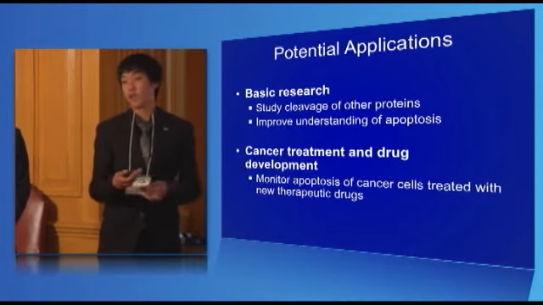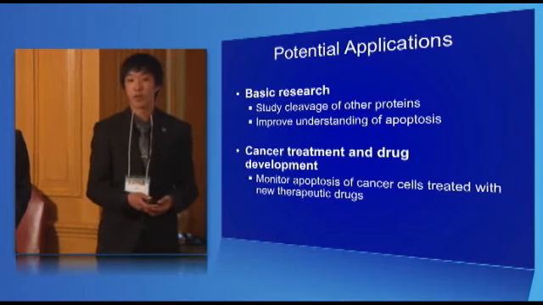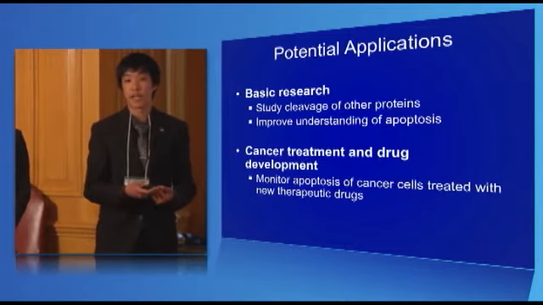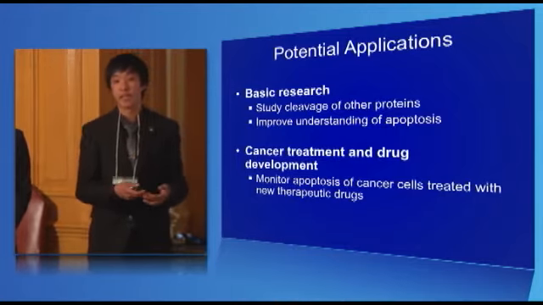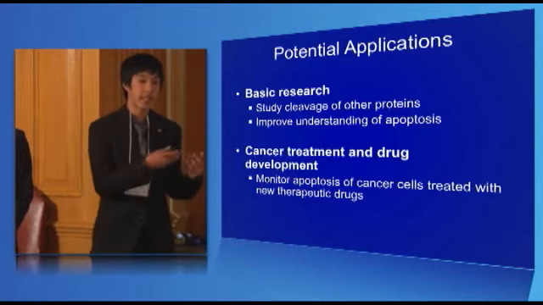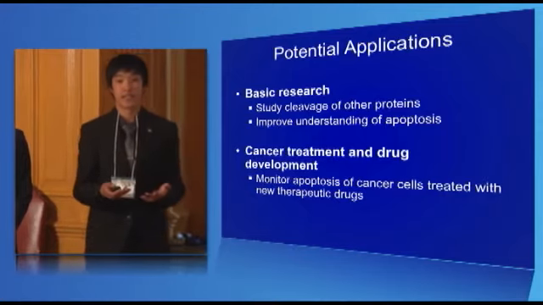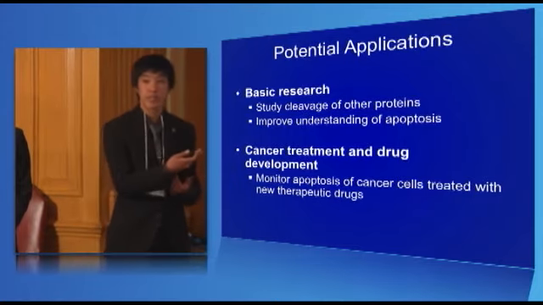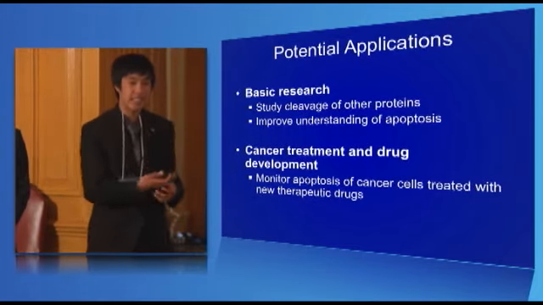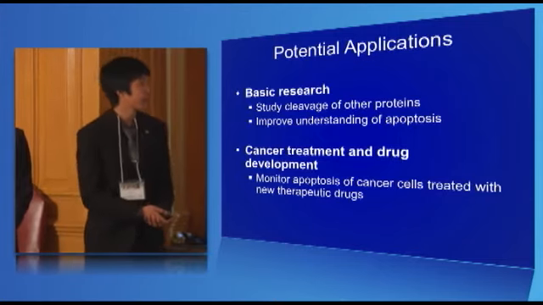In fact, both Nick and I were already approached by professors at the University of Alberta, one of whom is studying diabetes, and she's interested in utilizing this technique in her islet cells to see if apoptosis is taking place there. So really, the applicability of this technique is widespread.